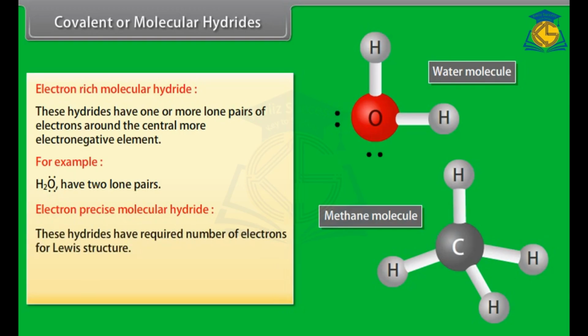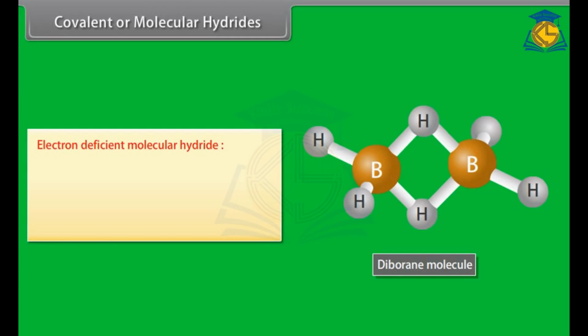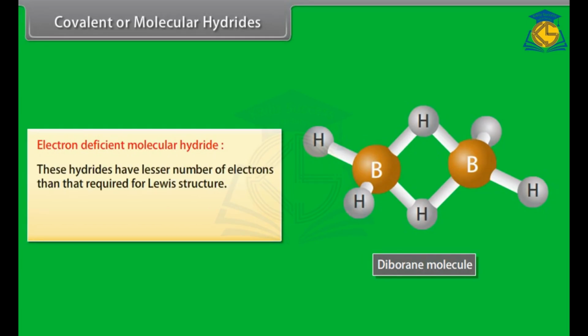These hydrides have the required number of electrons for the Lewis structure. A common example is methane. Electron-deficient molecular hydrides. These hydrides have a lesser number of electrons than that required for the Lewis structure. A common example is diborane.